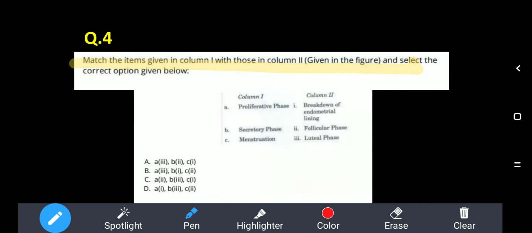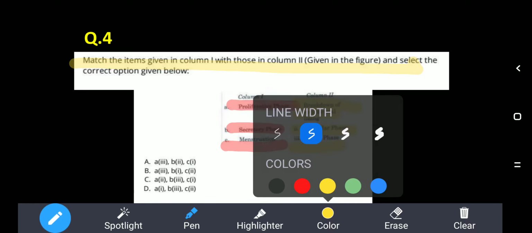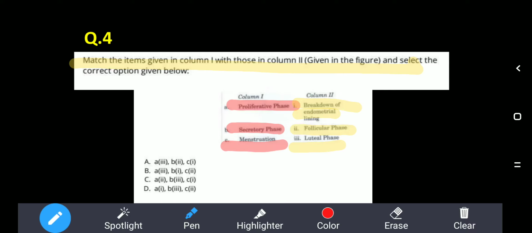Column 1 has proliferative phase, secretory phase, and menstruation. In column 2 we have breakdown of endometrial lining, follicular phase and luteal phase. So this is a question from the menstrual cycle. Let us match this up.